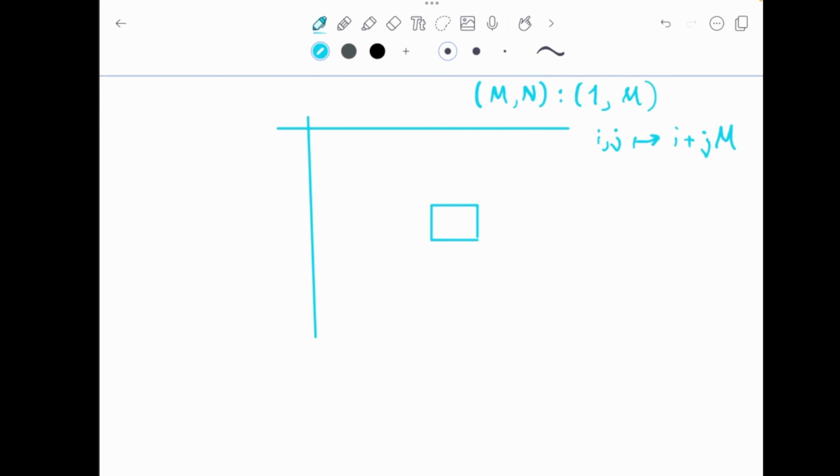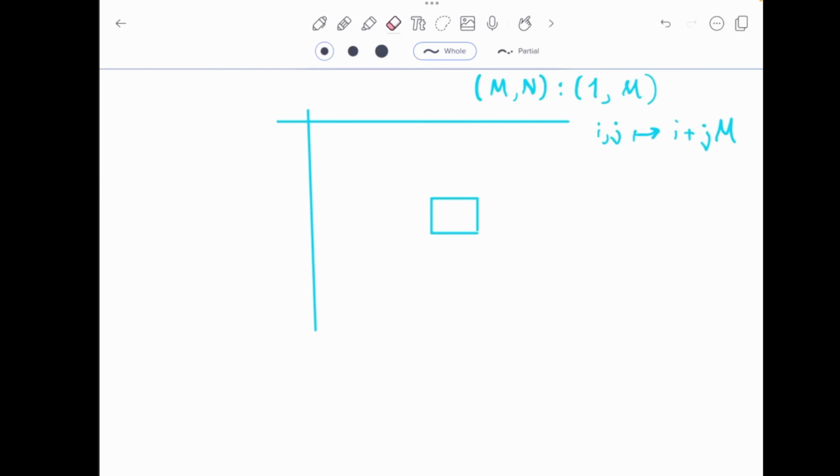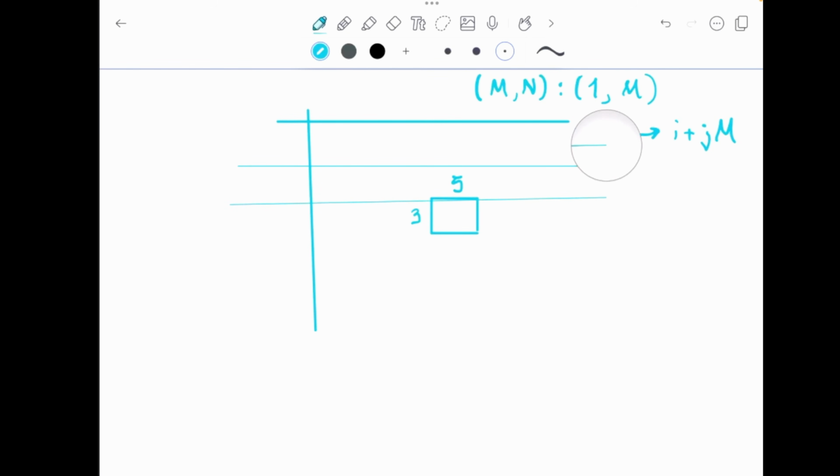Now, what if I just want to zero in on a little tile of it with coordinate, and actually I'm going to make this concrete. So let's say that this tile size is 3 and 5, and let's say it's the third tile down in this direction, and let's say it is the second tile going to the right.